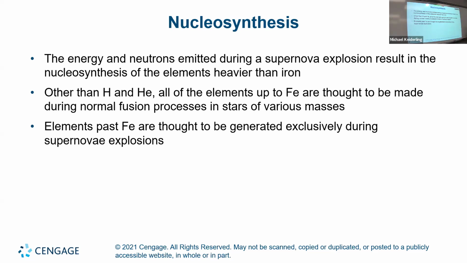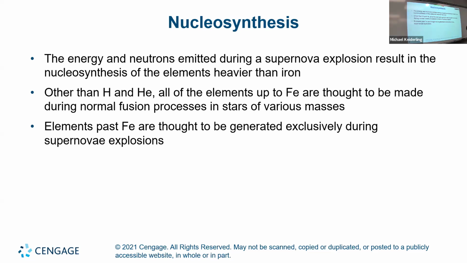That'll do it. And so other than hydrogen and helium, all the elements up to iron are thought to be made more or less during normal fusion processes in stars of various masses. Again, the actual details are a little more complicated. There are a few elements that are skipped over.